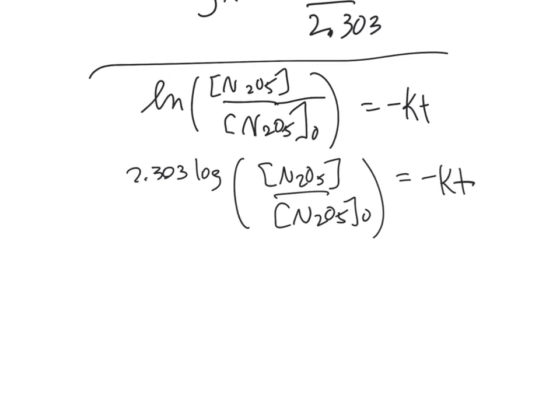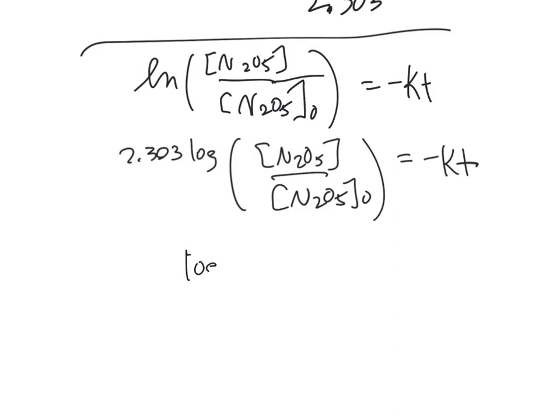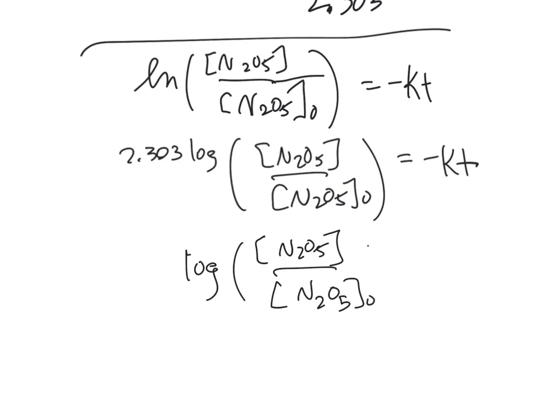And then just divide by the 2.303. So this is base 10 log of x, where this part is equal to x. Negative kt divided by 2.303.